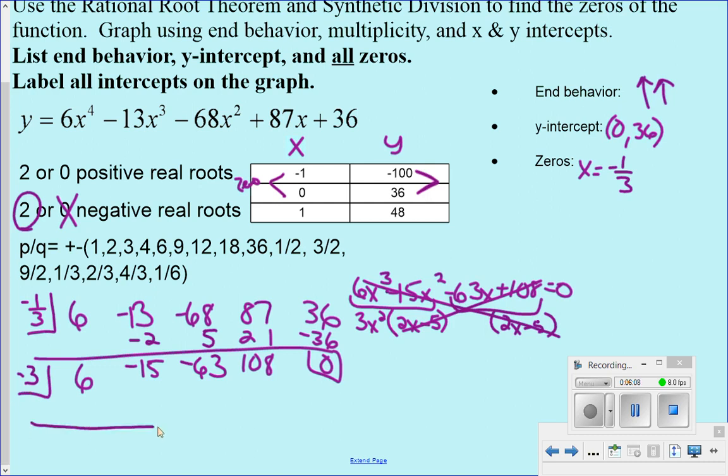And now, when you're guessing and checking these different values, so 6 comes down, when I get about halfway, if I am really far away from the number that I know that I want, which by the way, if I want a 0 remainder, I want -108 here. So if I'm about halfway through synthetic division and I'm, let's say, in like a couple hundred, and then I'm multiplying by 3, so it's like 600.